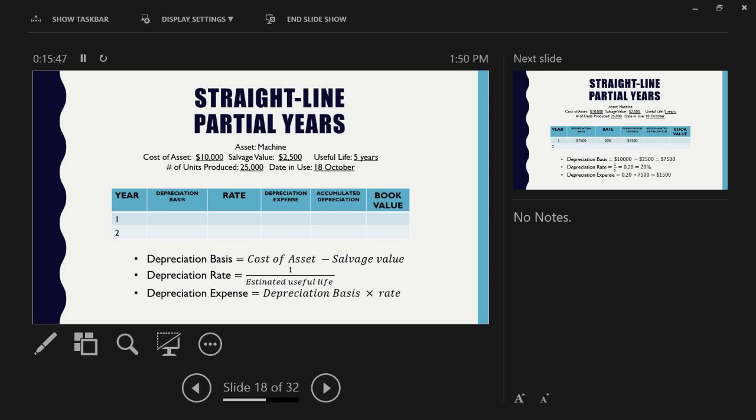And the depreciation rate, 1 divided by 5, times 7,500. That's the depreciation. That'll give you 1,500. And seeing that's the first year, that's the same thing. And then for book value, minus the 10,000.